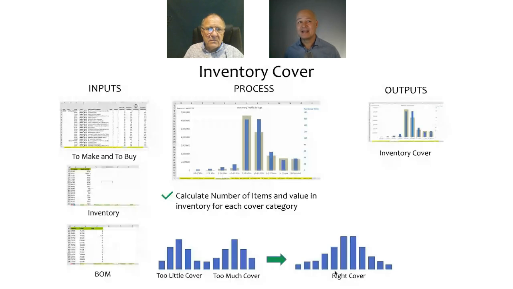So inventory cover is giving an up-to-the-minute view of how well our current inventory is performing. And we want to be presenting that to the buyers before they're making any purchasing decisions about what to add to that inventory. Okay, so the output to this is just a simple report, inventory cover.